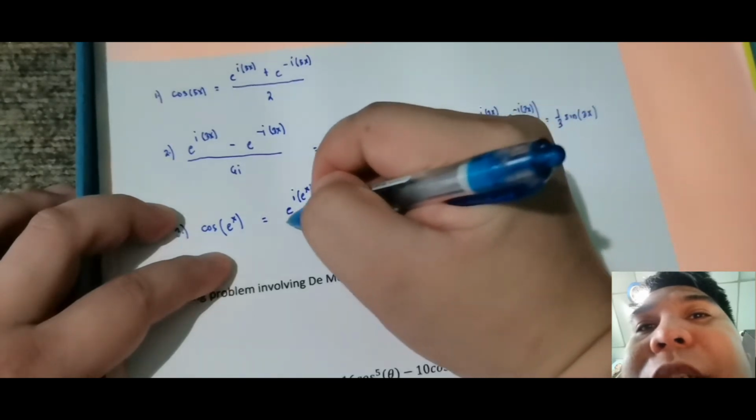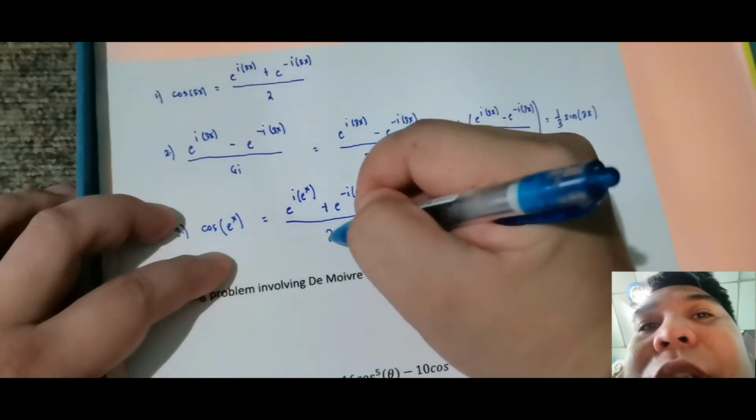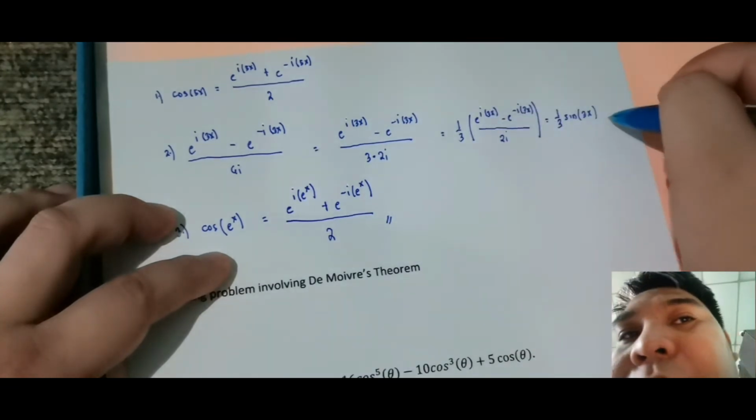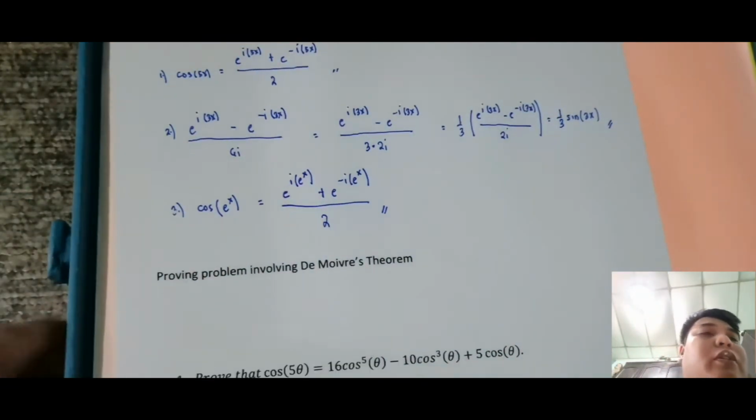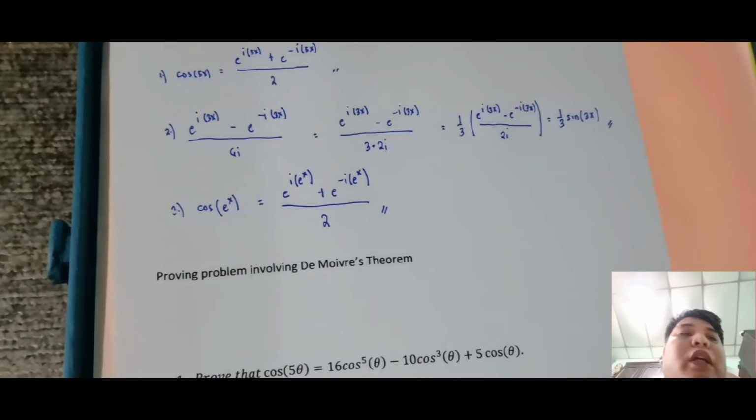Sir, possible yan? Yes, possible yan. Ganun yung given eh. Then all over 2. So ito yung sagot. So kung napapansin mo, si Euler's identity vice versa. So pwedeng mula dito sa cosine, mula dun sa mga exponential, then mula dun sa mga sine, yung sine and cosine function natin. Okay, ngayon, that's a proving problem involving the Moivres theorem.